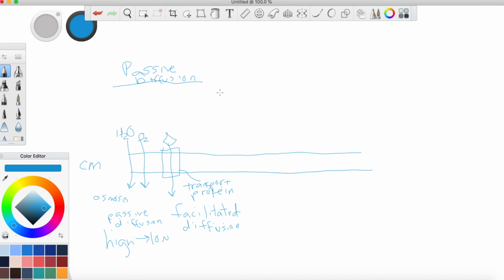Now, these are in contrast to a different type of transport, which is active transport.